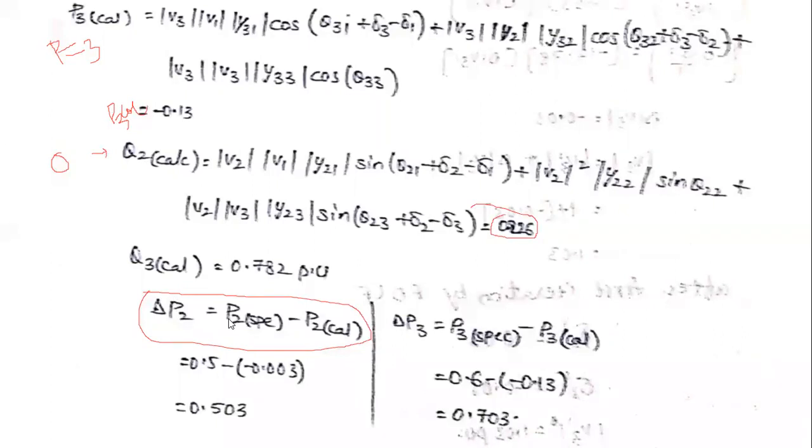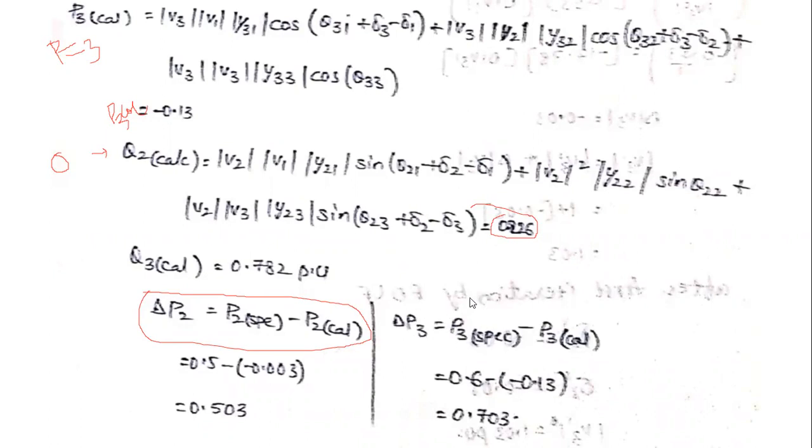Similarly, delta P3. Delta P3 equal to P3 specified minus P3 calculated. This is also given in the question, and this is the calculated value. Then we are determining the change in the P3. Delta P3 means the change in the P3 value.